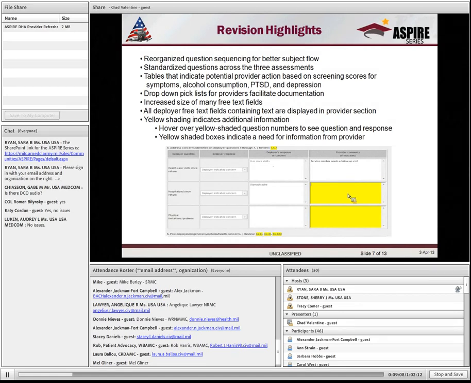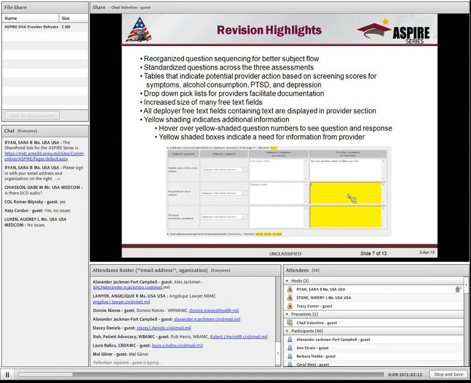It's basically a data table which will compute the severity. It will tally up points based on the severity or the risk category that the soldier falls in, and it will display that for the provider, to aid you in the treatment and diagnoses of the soldier. And when we get to the hands-on demo, for those of you who haven't seen it, I'll go through and demonstrate it for you.